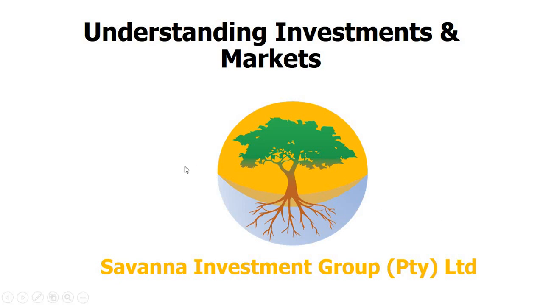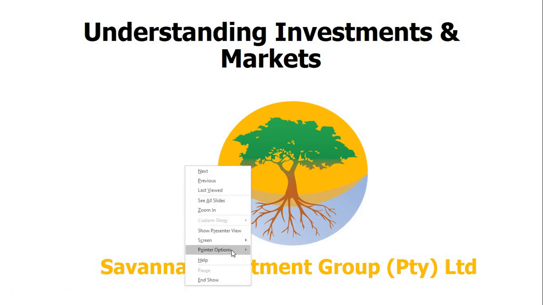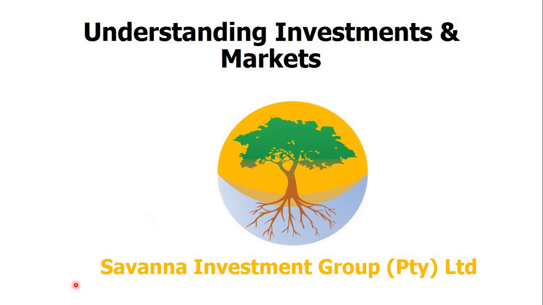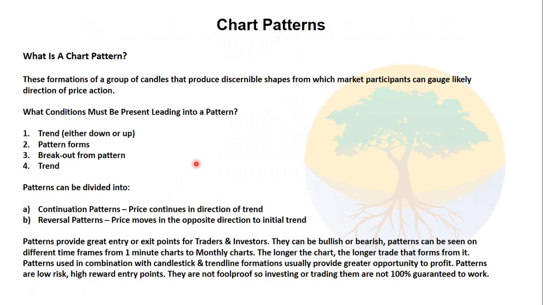So we need to start off by looking at what the patterns that we see would be showing. So what is a chart pattern? We say these are formations of a group of candles that produce discernible shapes from which market participants can gauge likely direction of price action.